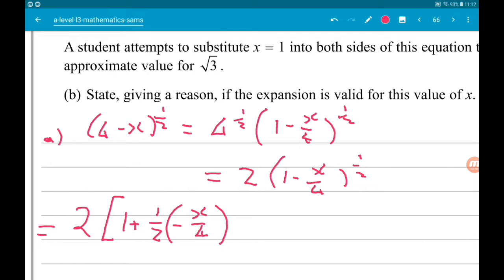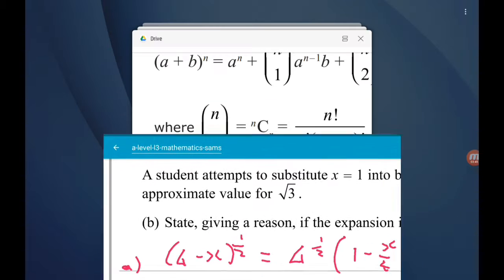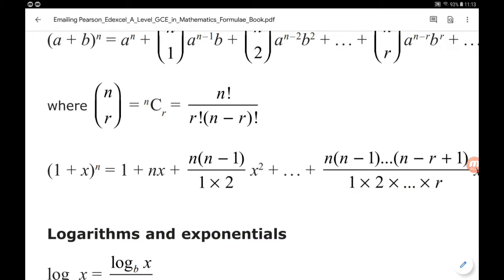And then we have add n times n minus 1 times x squared over 2 factorial, which is just 2.